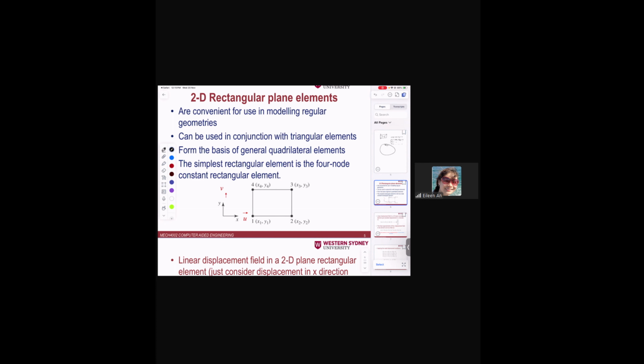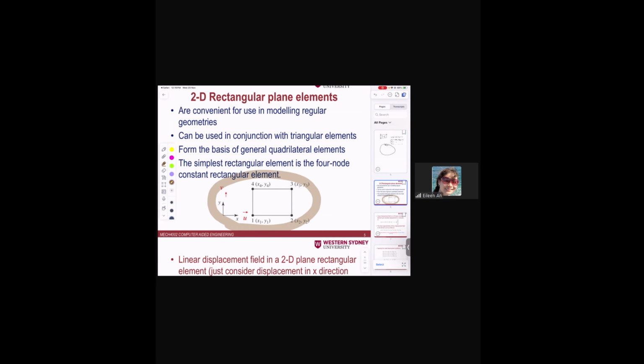Okay, actually, the rectangular element is a special quadrilateral element. But let's have a look at this element first. We have a 2D element shown here. Okay, this is our rectangular element. The same, there are 4 nodes, and we have to number those 4 nodes counterclockwise.